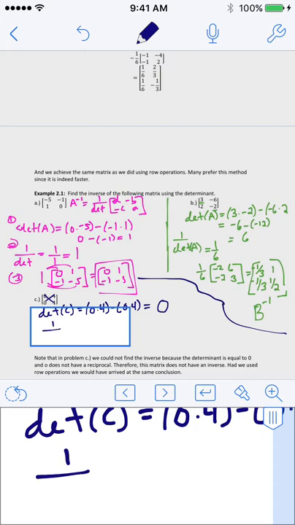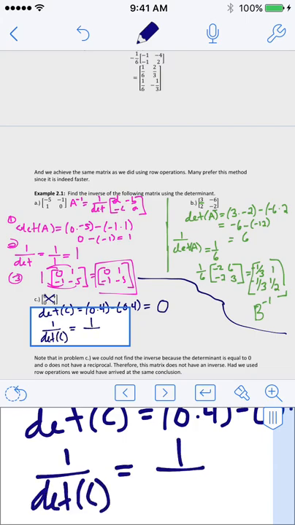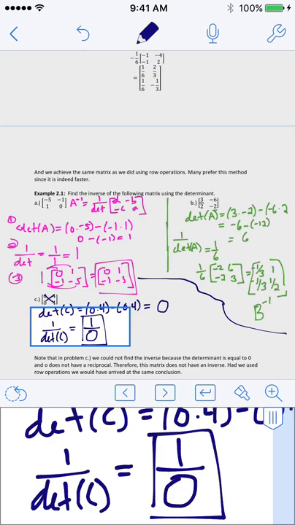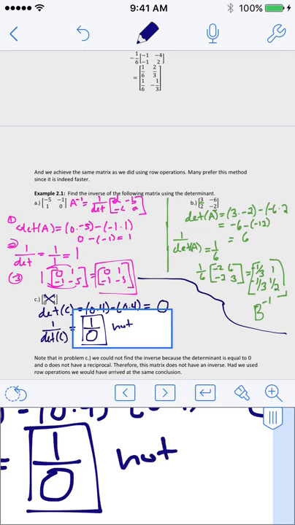Okay, step 2, we need 1 over the determinant of C. Hold up there, dudes. Is that legal? Can I say 1 divided by 0? Am I allowed to say that? No, right? So this is not a real number. So there's no way I can multiply it into a new matrix to get an inverse, right?